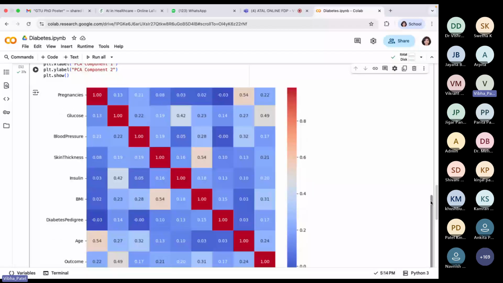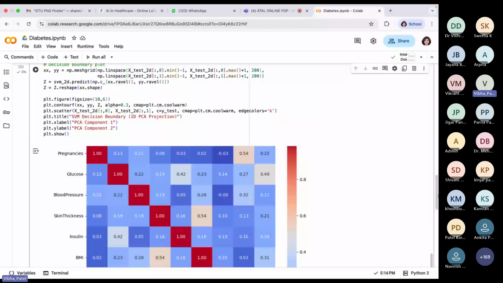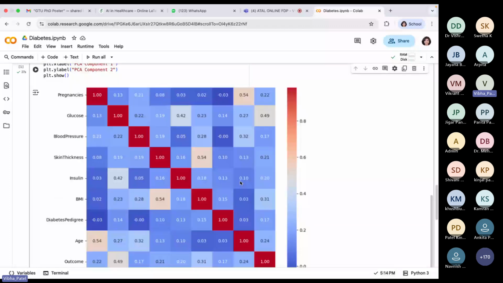Okay, so the last field is the outcome. In the outcome field, the value 49 is maximum, which in turn is stating that glucose is impacting a lot for a diabetic person.